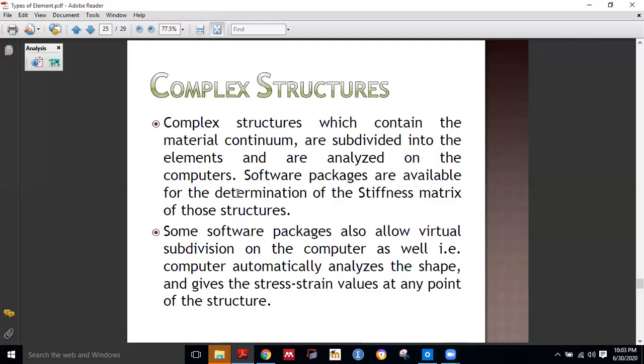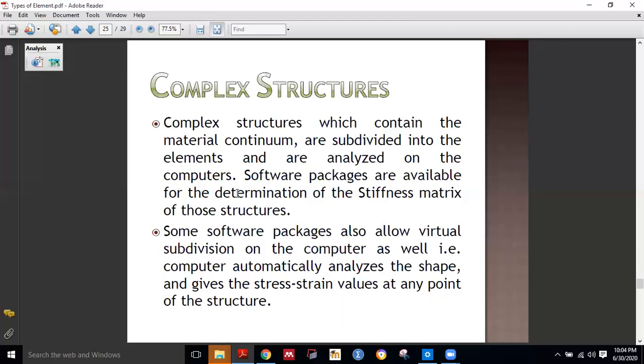Some software packages also allow virtual subdivision on the computer, that is, the computer automatically analyzes the shape and gives the stress and strain value at any point of the structure. Likewise, suppose we have to go for HyperMesh, then we have to mesh it thoroughly. It can do automatic meshing, but it will give some errors or some larger elements, or you have to give some inputs.